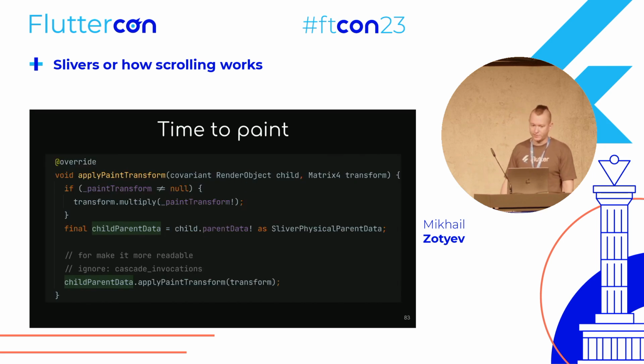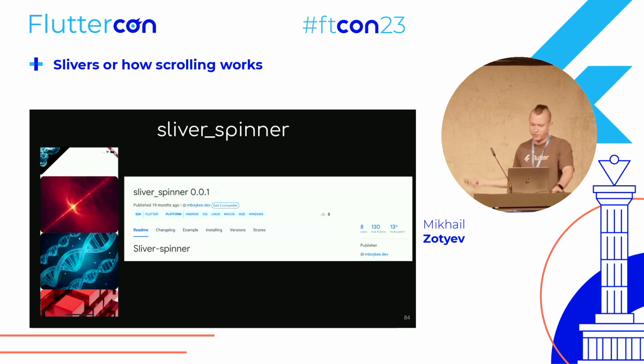The last step is applying the transform, because we have our own decision about the rotation, but we can also have something outside, and we need to combine this together with a simple multiplication of our two matrices and provide this to the child data. As a result, we have this.